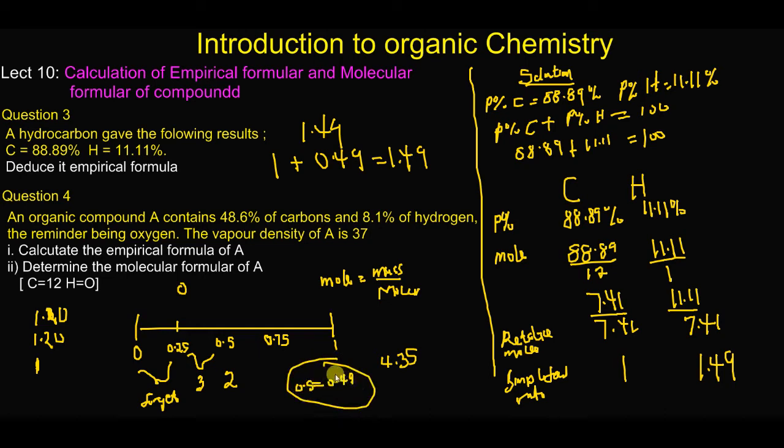So if it is like 0.49, very very close, you multiply it times 2. Have you gotten that? Now if it is beyond 0.5, you also multiply it times 3. So basically that is it.